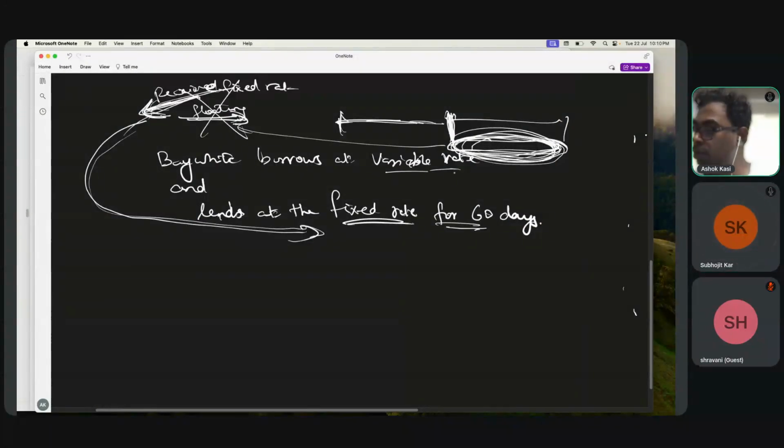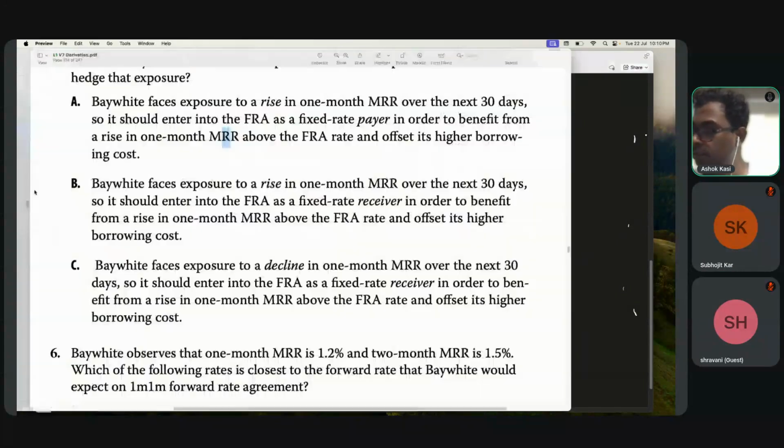Baywhite borrows at the variable rate. They are borrowing at the variable rate. They want to borrow at the fixed rate. Baywhite faces exposure to a rise in 1 month MRR over the next 30 days.